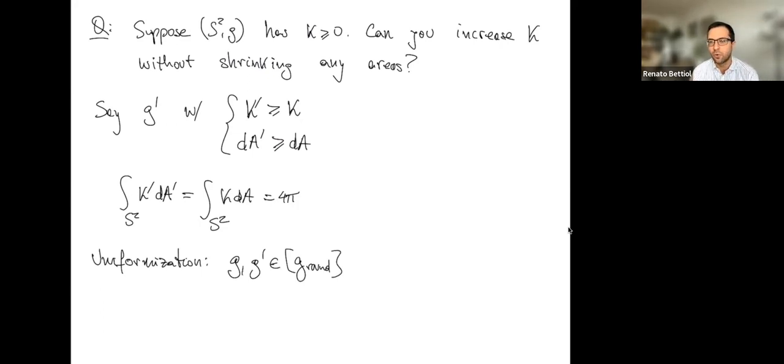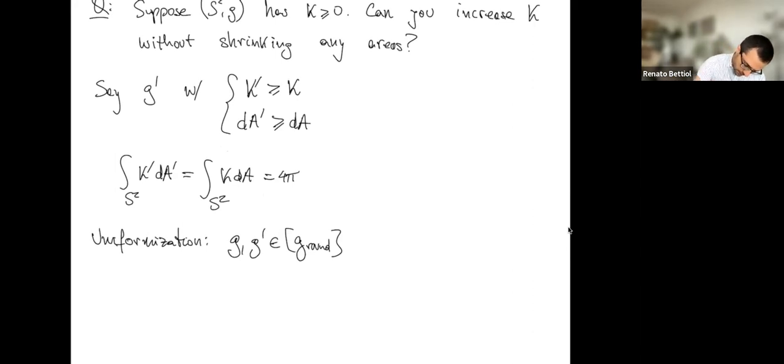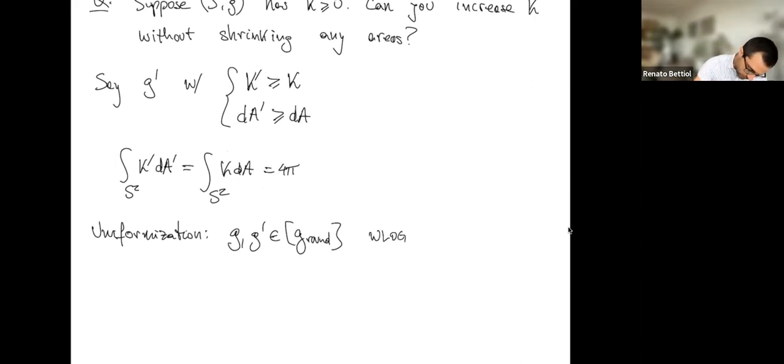Up to changing coordinates, so there should be a diffeomorphism here that I'll just pretend is the identity, to make things easier to write, we can assume that they are conformal. There's a function multiplying one to get the other. So let's say G prime is e to the 2u times G for some function u on the sphere.